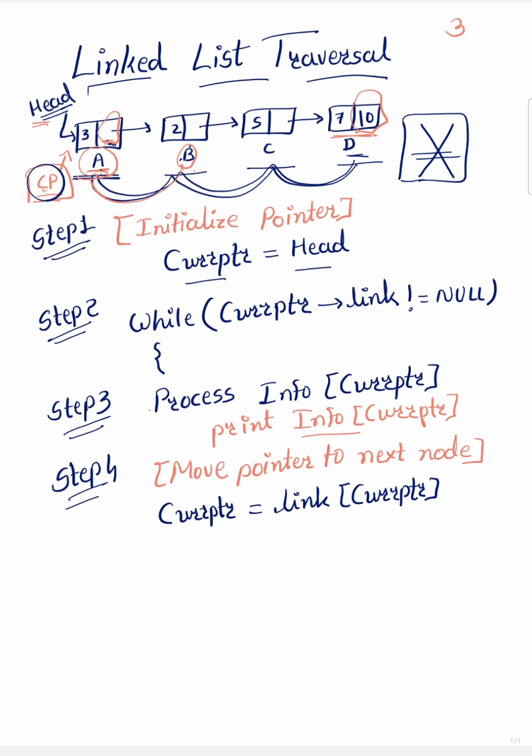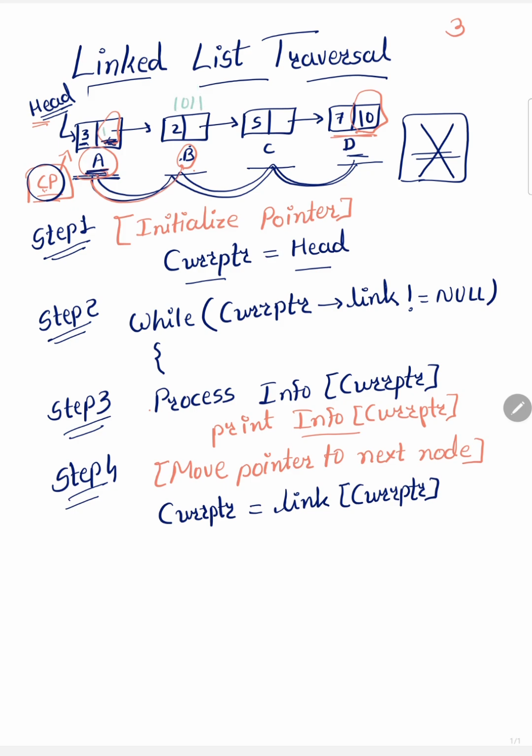So as you can see, this current pointer is holding the value of A, that is address of A node, right? Now link of current pointer, that means this part: this 3 is info of current pointer, this link part is link of current pointer, right? So link of current pointer is holding the address of B. Let us say this B has address 1011.